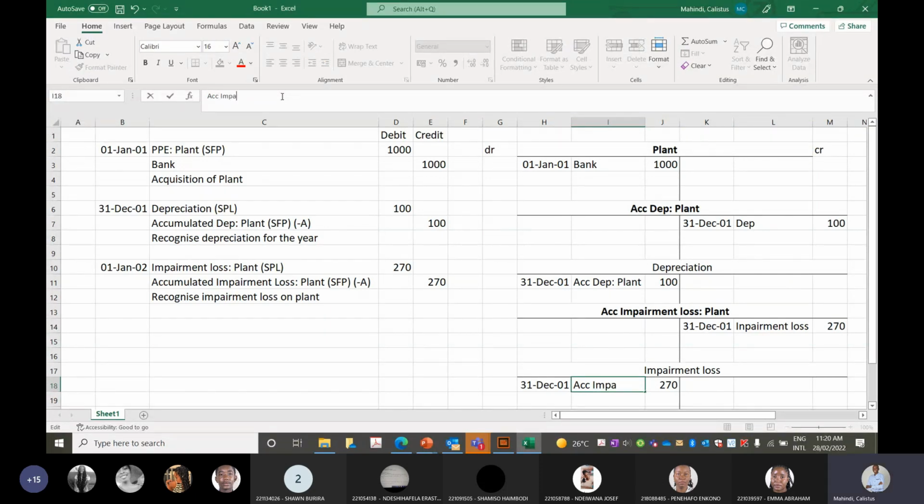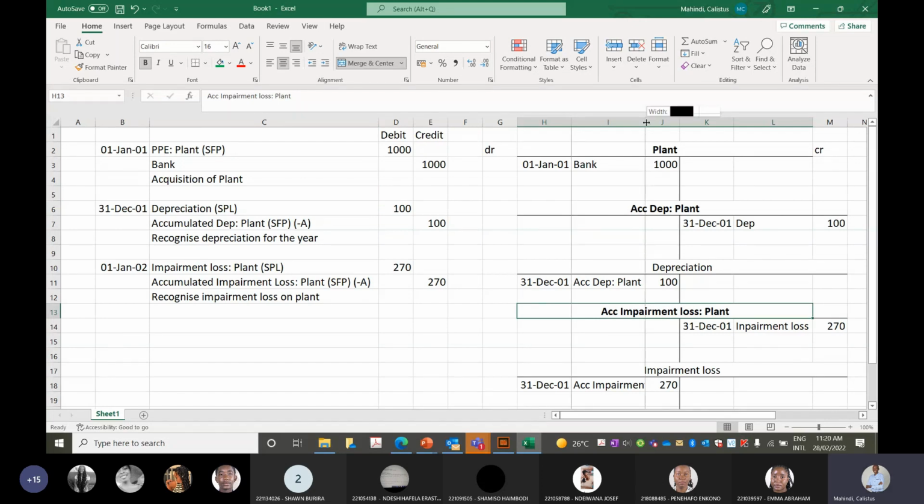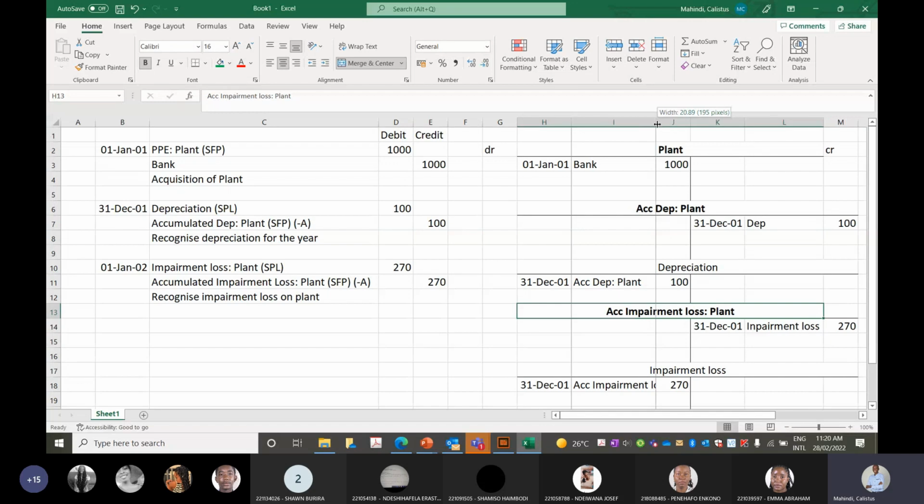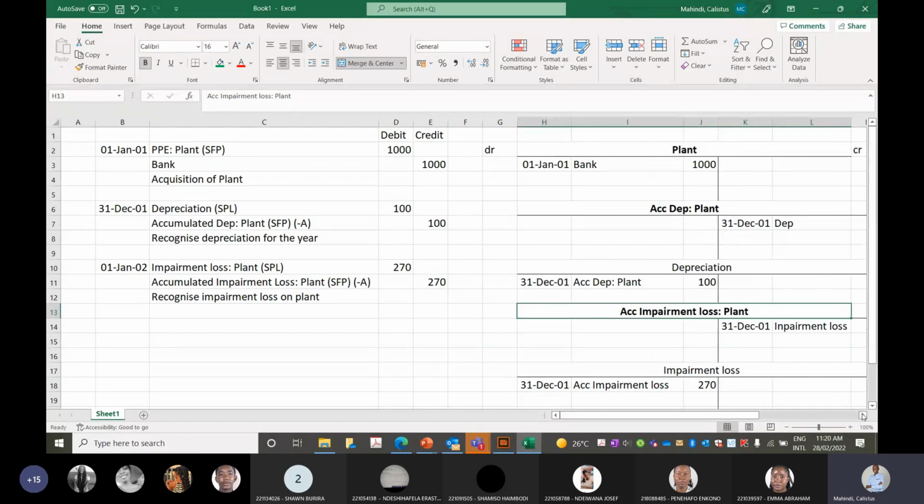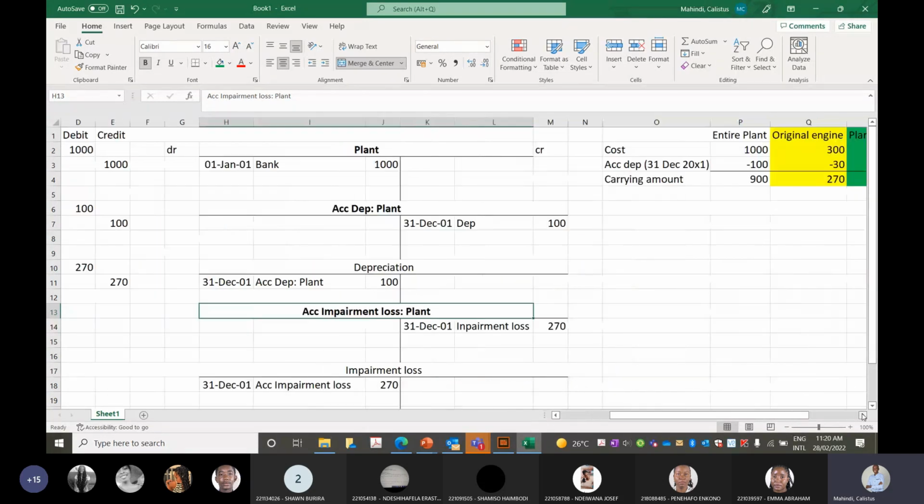You don't have to prepare these ledger accounts, but I'm just preparing them to show you that the plant account works with the accumulated depreciation. It also works with the accumulated impairment loss accounts.